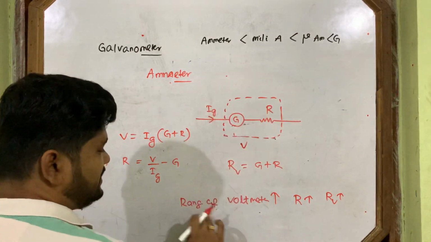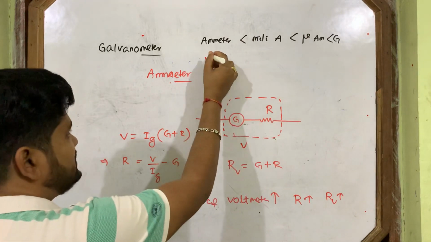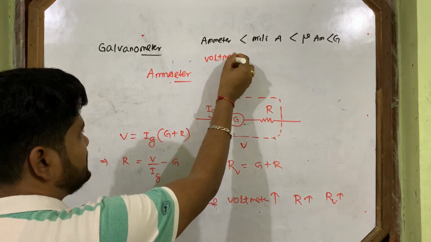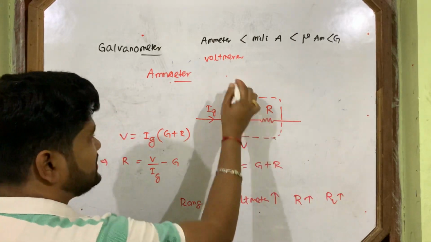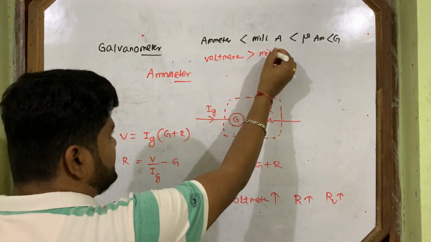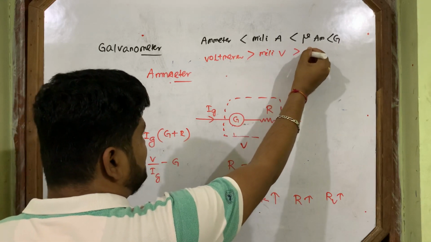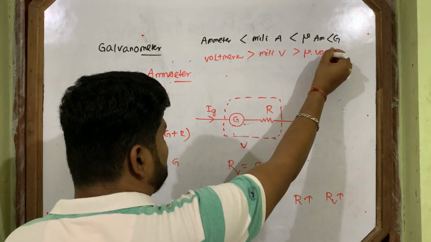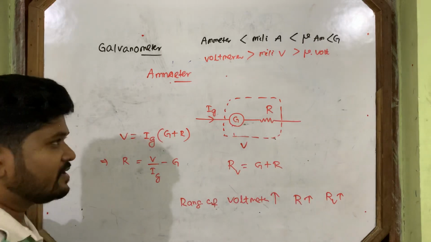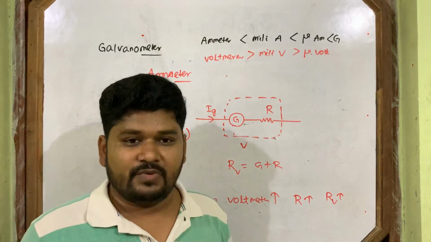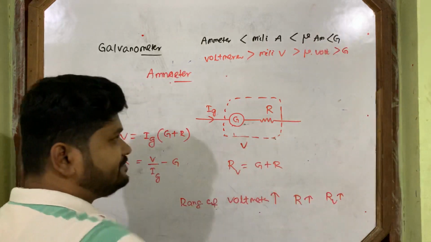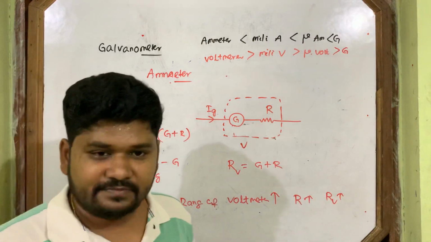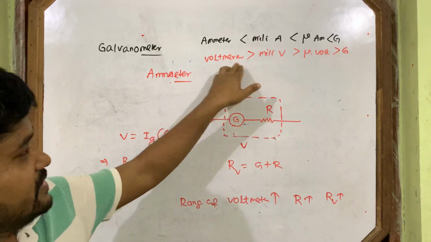So if you compare the resistances, what happens? Voltmeter resistance is more, because more range means more resistance, than your millivoltmeter or microvoltmeter. Resistance is also more than your galvanometer. At last, the galvanometer will come. So this is about the comparison of resistances.